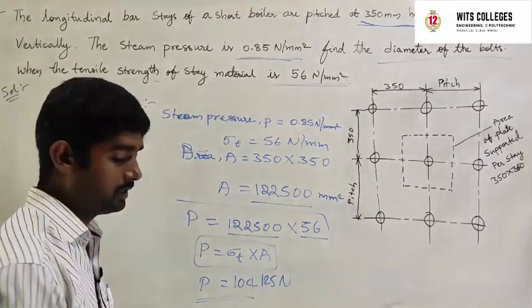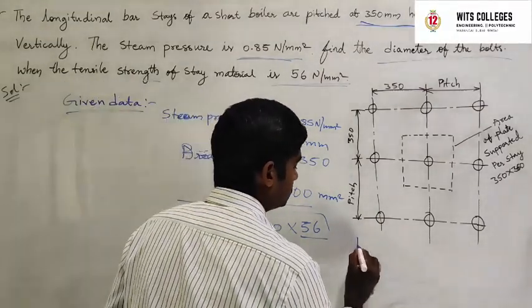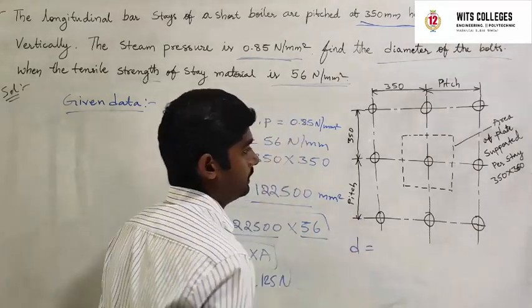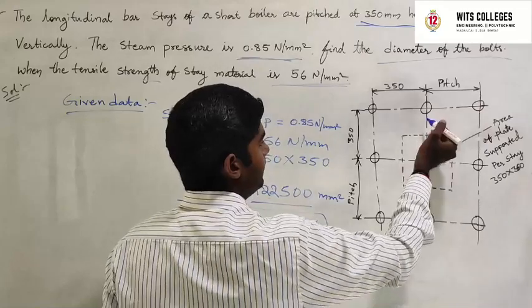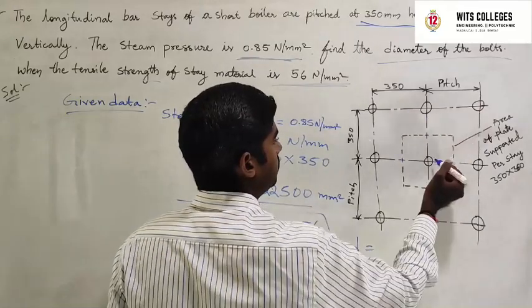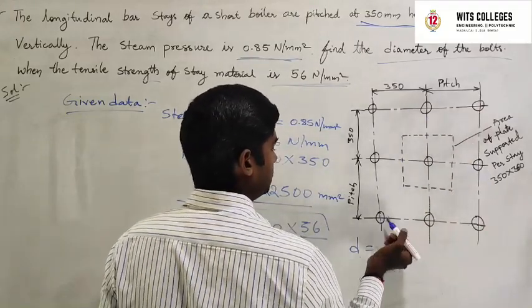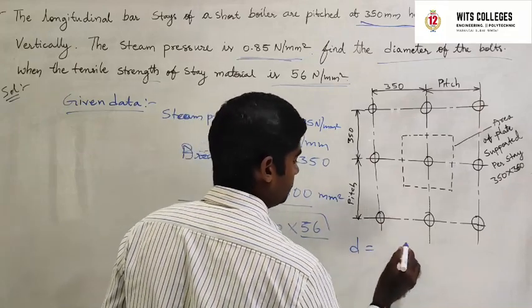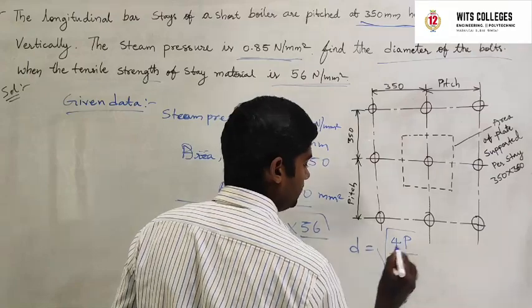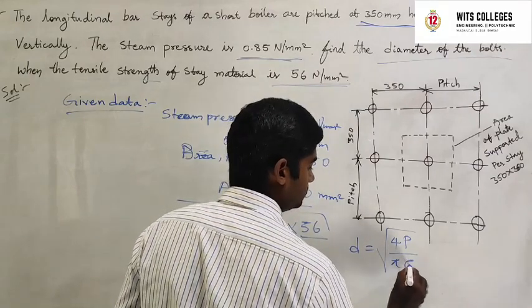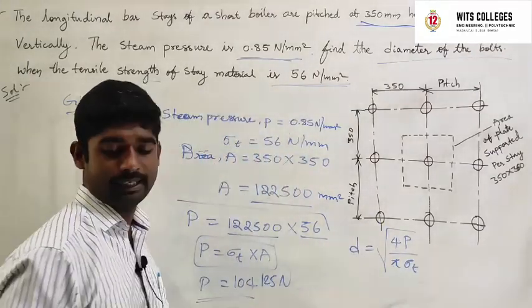Let's find out the small d. Let's see here, there are 9 bolts: 1, 2, 3, 4, 5, 6, 7, 8, 9. Small d, find out the small d. d is equal to under root 4P by pi into sigma t.